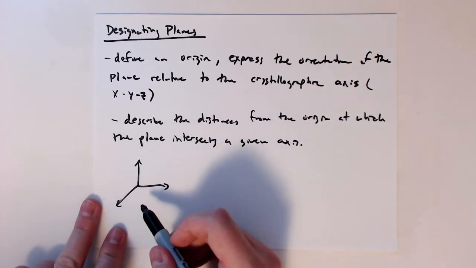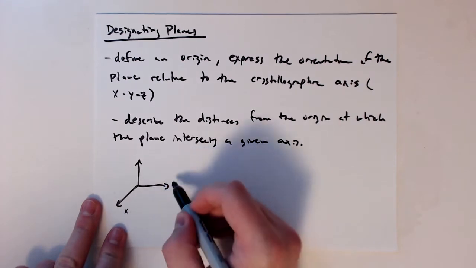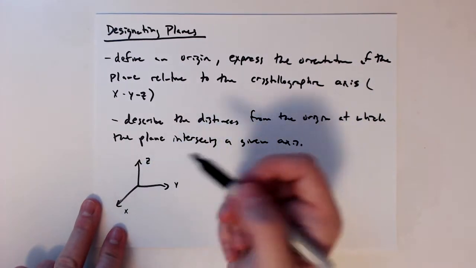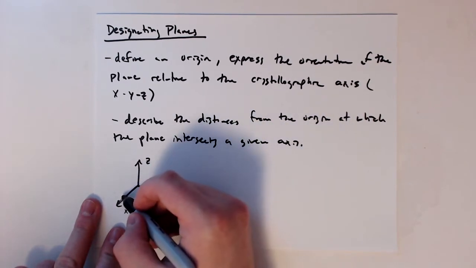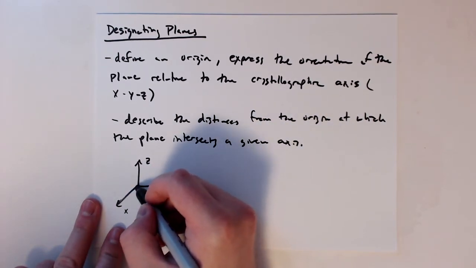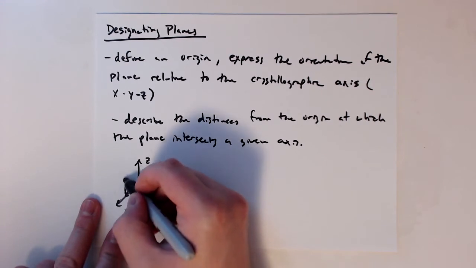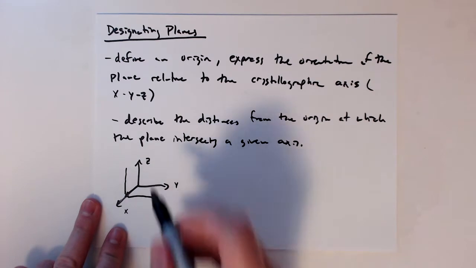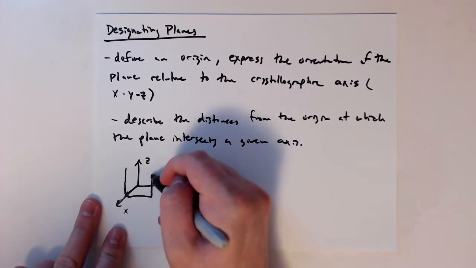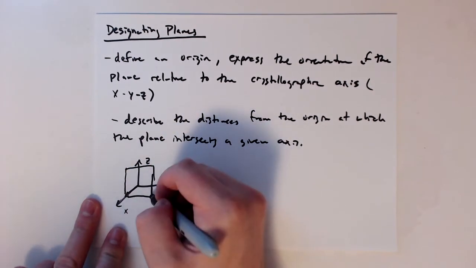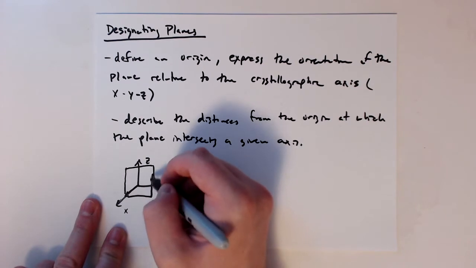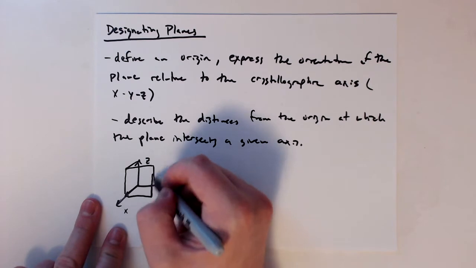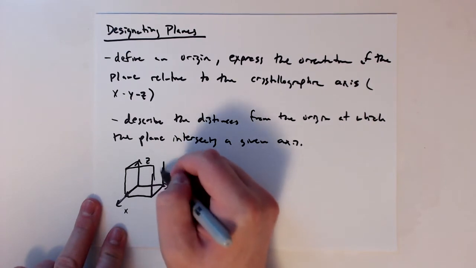So again, let's imagine I have a Cartesian coordinate system, x, y, and z, and that defines my unit cell, right? I would have a certain a vector, and I would have a certain b vector, so a, and then this would be b, and then I'd have a certain c vector along z, and so I would define a lattice in that way.